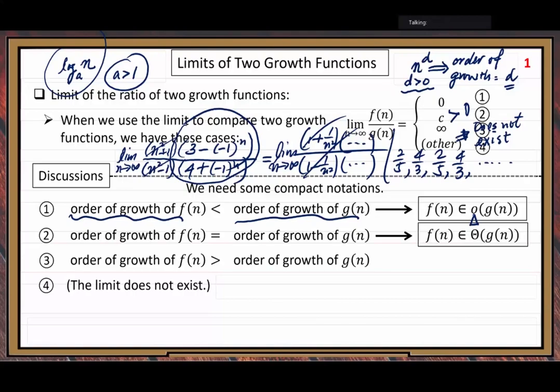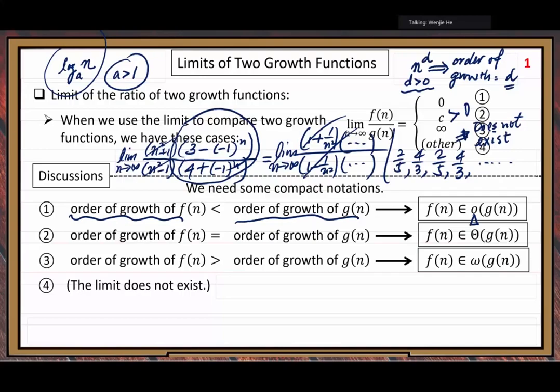Third case, little omega, our third asymptotic notation. We use little omega to represent f function belongs to little omega of g function.